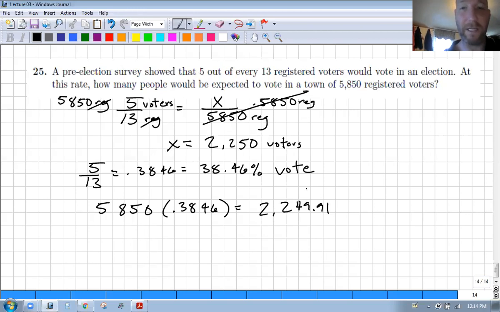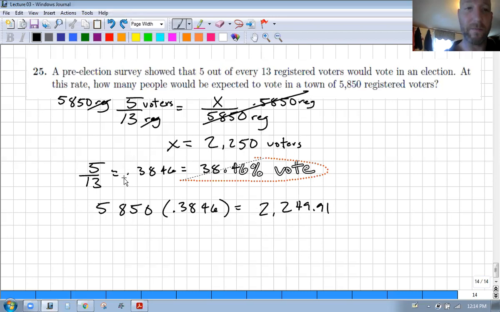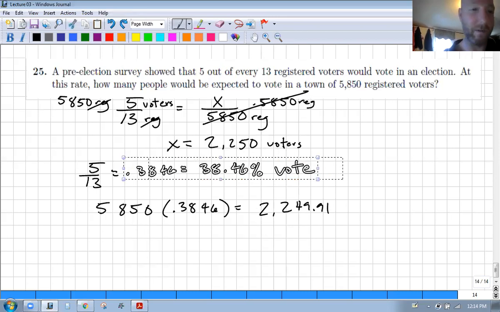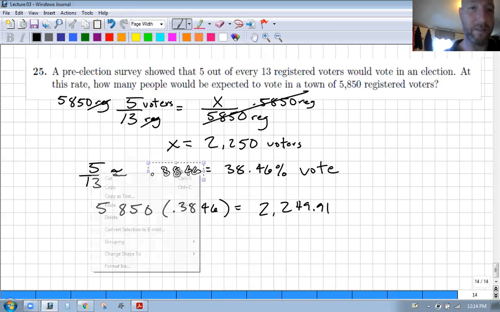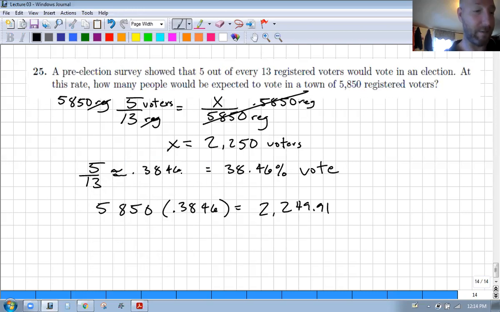And I'm not getting exactly that because I rounded the decimal, right? 5 divided by 13 is approximately equal to this. It actually keeps going.